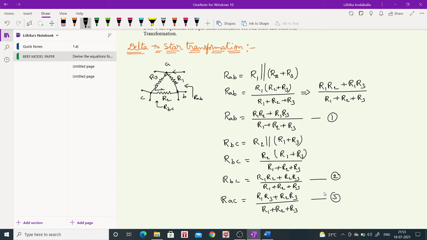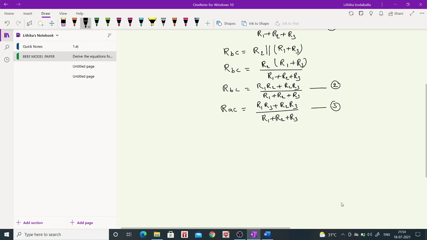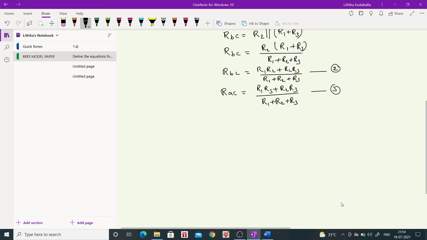So our assumption is that we know the R1, R2, R3 values. I would like to convert this delta into star. So let me take star now. The nodes will not change.